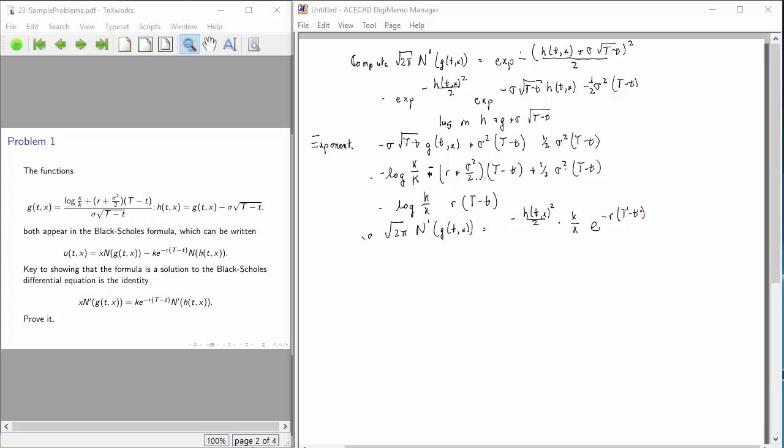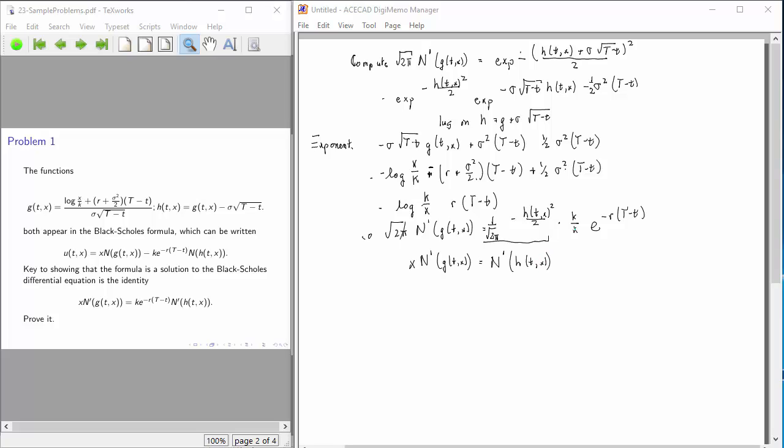Okay, I'll divide both sides through by the square root of 2 pi, and I will multiply both sides through by x. So I get x N prime of g of t and x is equal to, well, there you see, staring at you, the normal density function, the derivative of the function capital N for h of t and x.